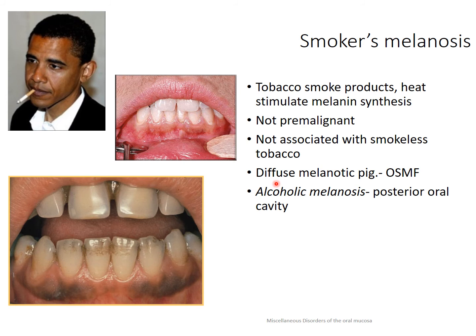Diffuse melanocytic pigmentation is also seen in OSMF, which could happen because of the process of the disease itself. Alcoholic melanosis can happen in the posterior part of the oral cavity, where alcohol induces the process of melanin production.